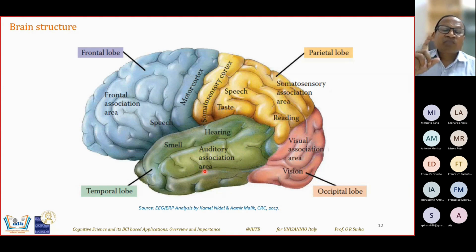If you look at all the areas, look at the green-appearing areas, auditory association. I was telling you, all the parts have their different responding functionalities, like hearing. If you hear and sense something, which part of your brain responds? When you smell something through your nose, how do you get the different types of smell?